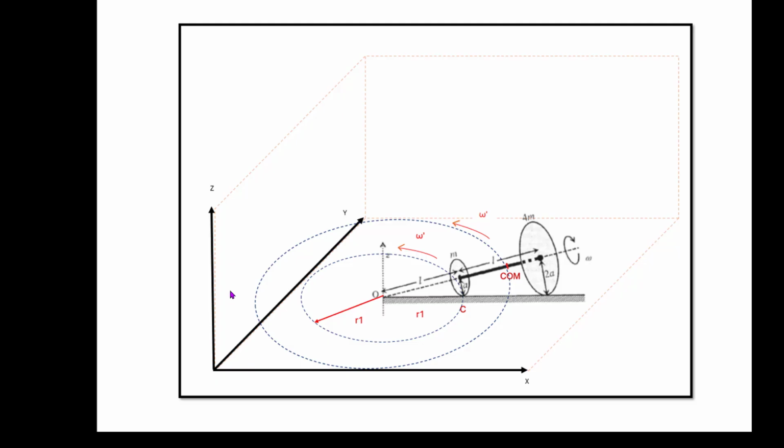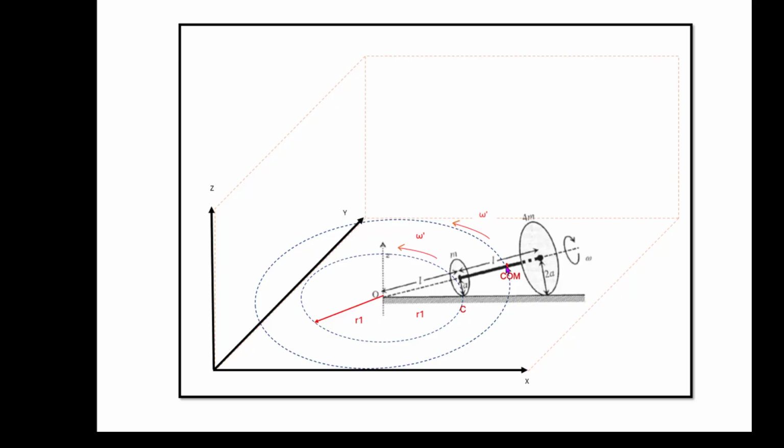Now to understand this, I have kept this assembly on the xyz axes. The requirement is to find the speed of the center of mass of this entire assembly about the z axis. It is rotating about the z axis. Right now the z axis is here; if you put the z axis here, it will look like this, but for our understanding I have kept it here. This is the assembly, the big disc and the small disc, and this is the rod.